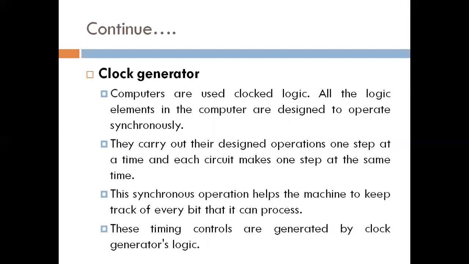Then clock generator. Computers use clock logic. All the logic elements in the computer are designed to operate synchronously. They carry out their design operations one step at a time, and each circuit makes one step at the same time.